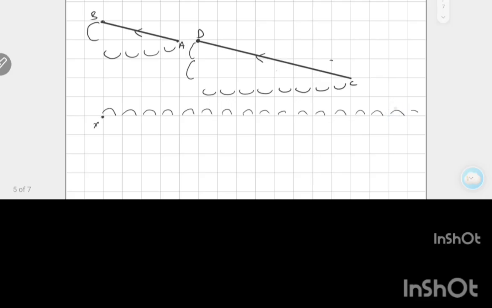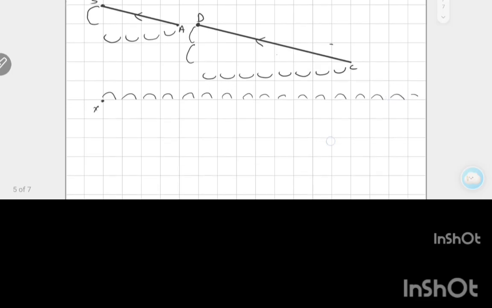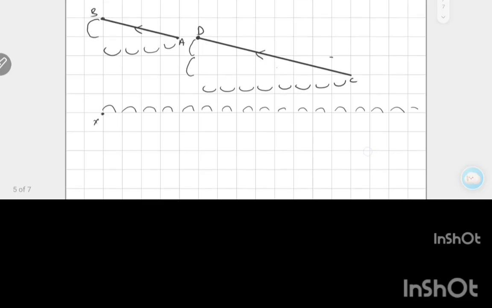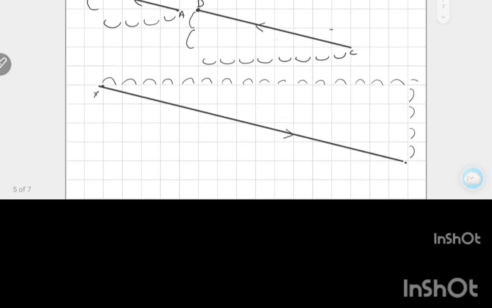Yes, this is 16. And 4 steps we have to go downward. This is minus 4. So look at this one: minus 1, minus 2, minus 3, minus 4. Okay, this one is correct. So this is our x vector and this one is our y vector.